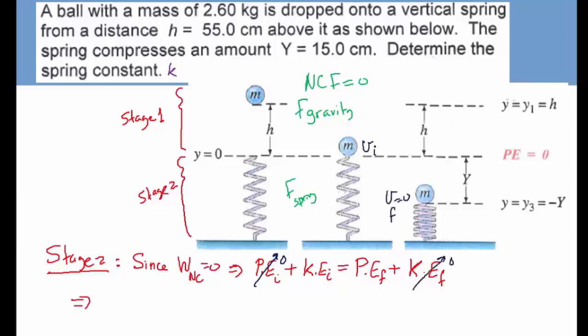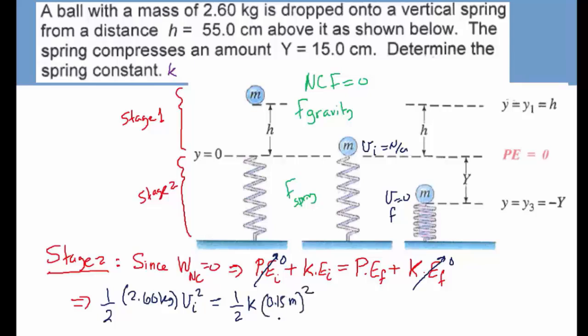So this is the initial velocity for stage 2, which is not given. And at this position we have the final velocity of stage 2, which we know will be 0. So now if we go ahead and replace kinetic energy by its equation, 1/2 mv squared, and elastic potential energy by its equation, 1/2 k x squared, we don't know k, and we know the displacement is 15 centimeters or 0.15 meter.